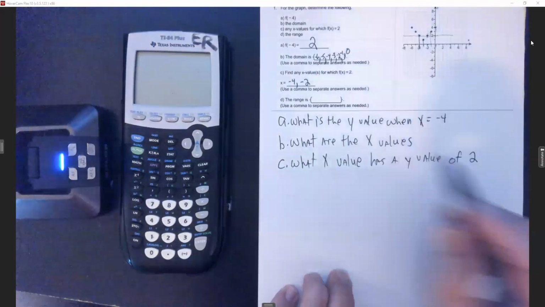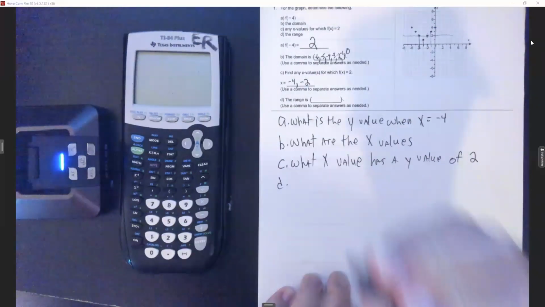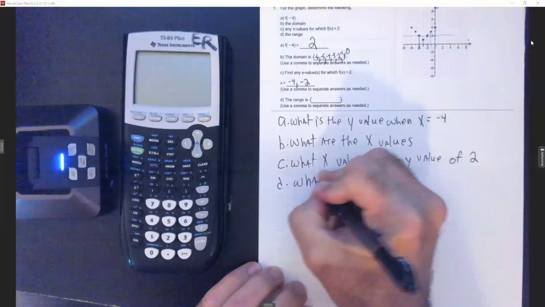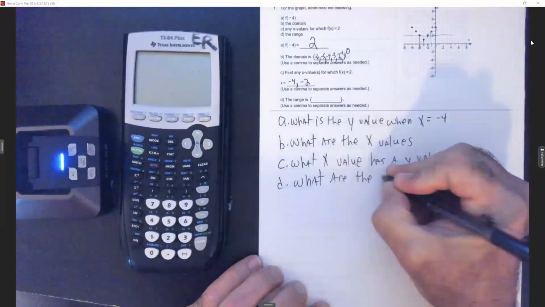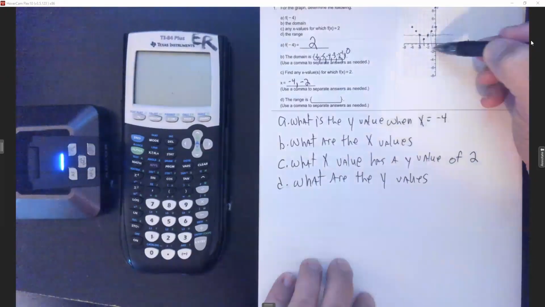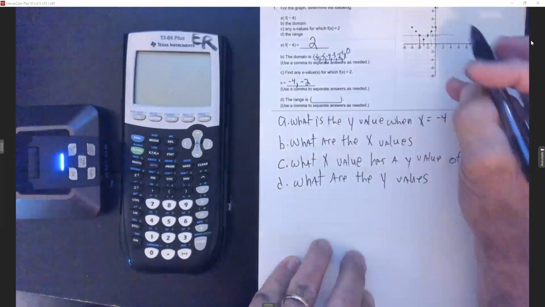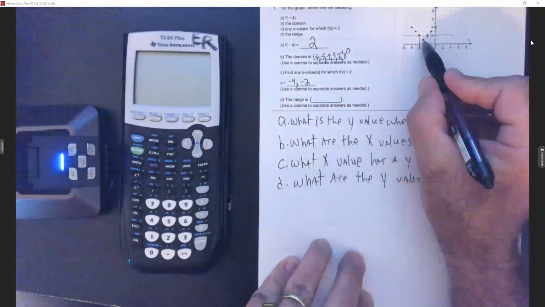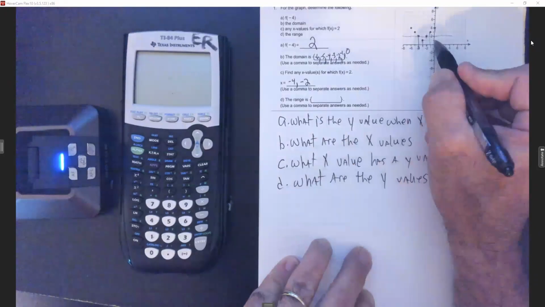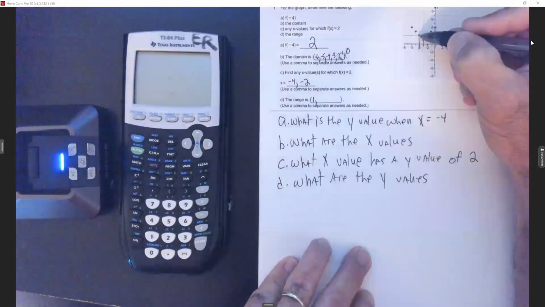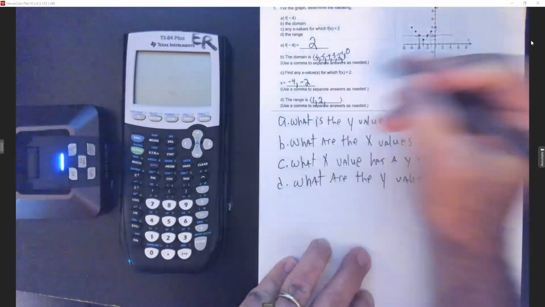Then it says, what is the range? The range is the y values. So what are the y values? And usually on those, I'll start from the smallest and go up. So the smallest y value is this little peak right here. And if you go across, it's got a y value of 1. These points have a y value of 2. And notice, I don't have to write the 2 but once.